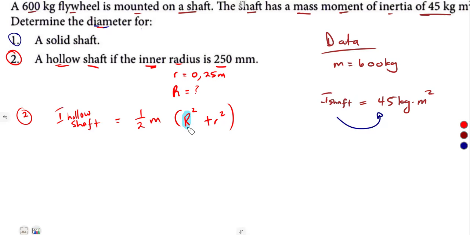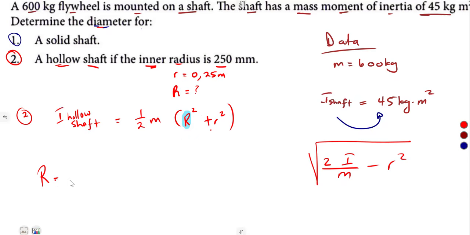How can we make this the subject? Definitely, you multiply, so it is 2 times I, then you divide by m. After that, the m is no longer there. Then you take the small letter r squared to the other side, so it becomes negative. Since it is R squared, you introduce the square root to get rid of that.